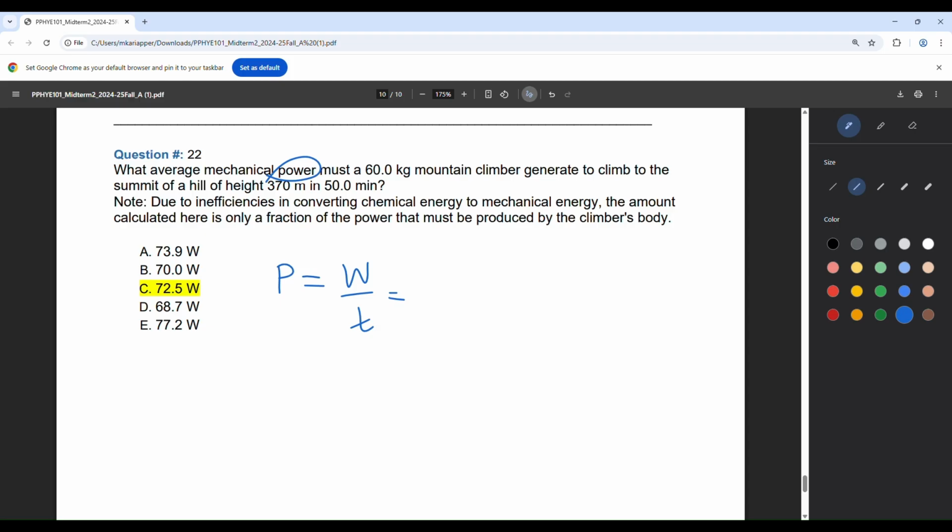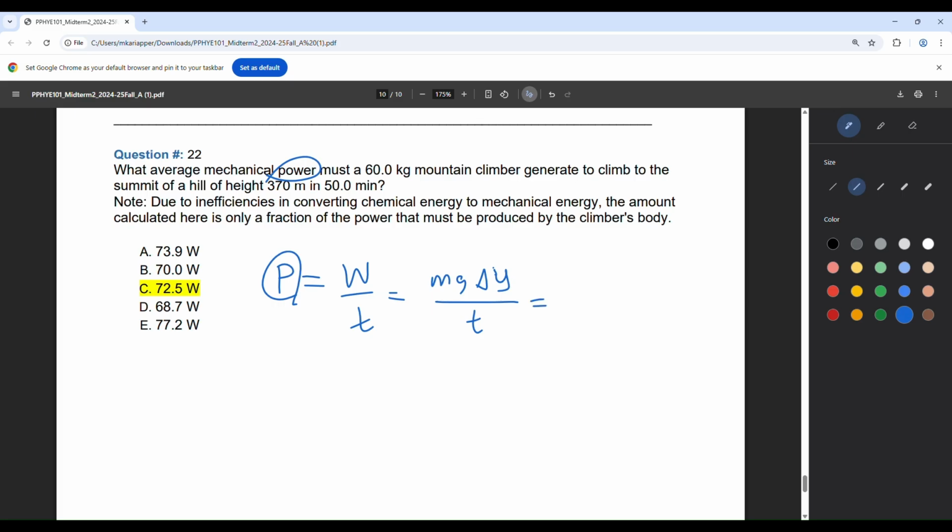The work you do is just to bring you from the ground to the top of the mountain. Potential energy change. There's no kinetic energy change because you are moving with the same speed, or going at zero speed, that we can assume. So all the work done is just to change the potential energy. Divide by the time will give you the power. The question is to find the power. That's it.